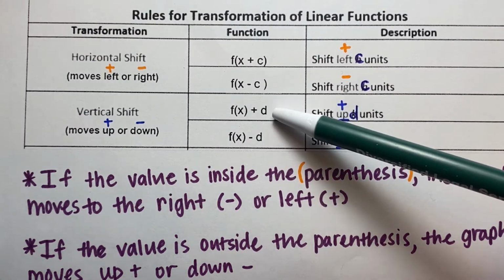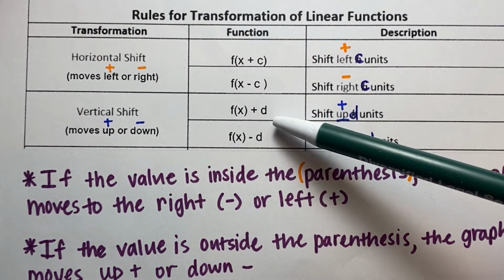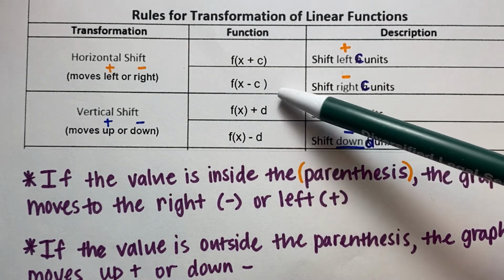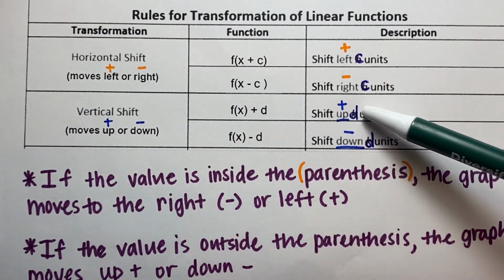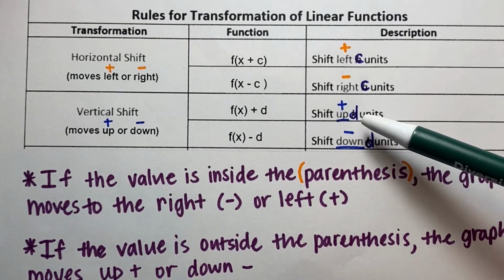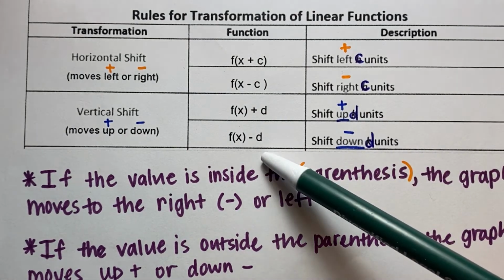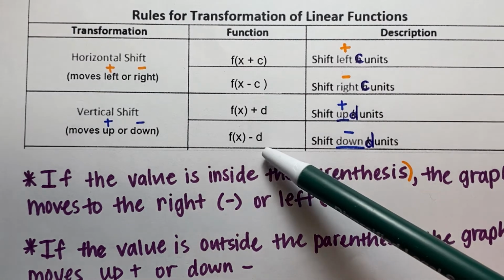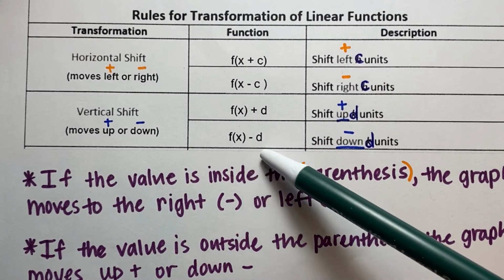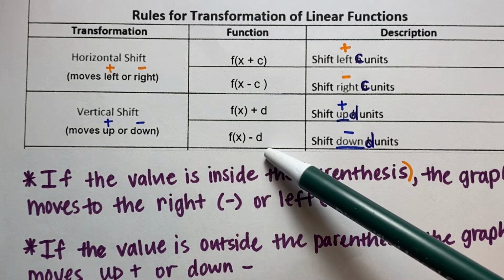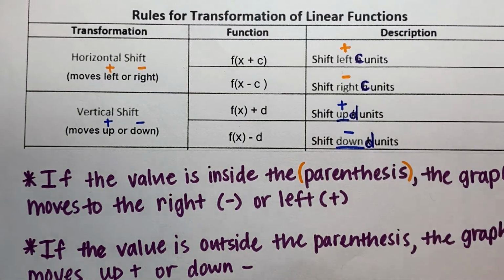So if you see a plus 5 on the outside of the parentheses, it's going to move our graph up 5 units. If you see a minus on the outside of the parentheses, it's going to move your graph down so many units. So minus 5 is going to move our graph down 5 units.